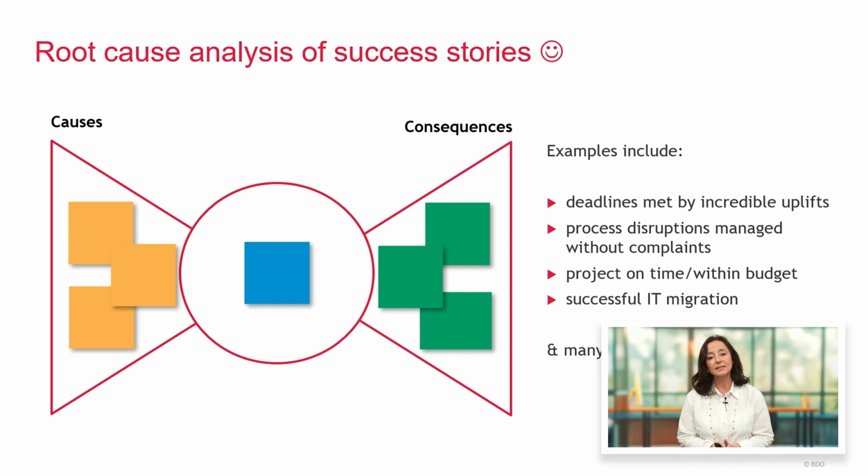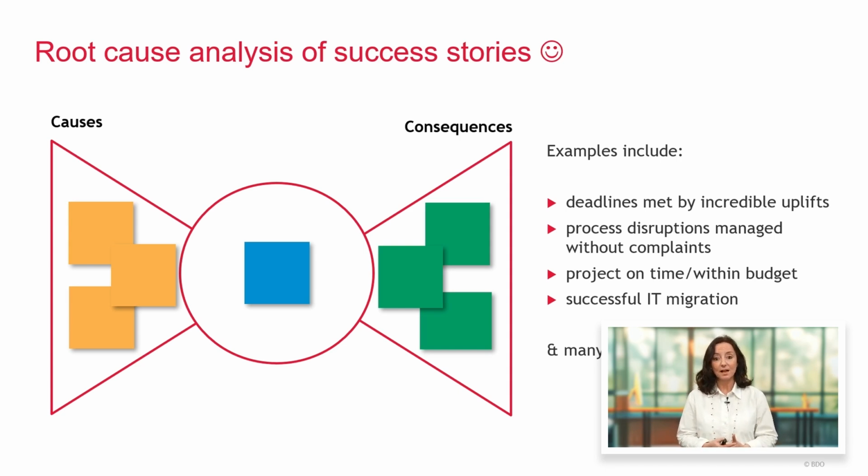And so here in these slides, you have 4 real examples that I've worked on, or in firms I've worked with, that are around analysis of those successes. One would be terrible deadlines, an immense amount of work, that were met on time because of incredible uplift and effort from staff. What were the causes of that?